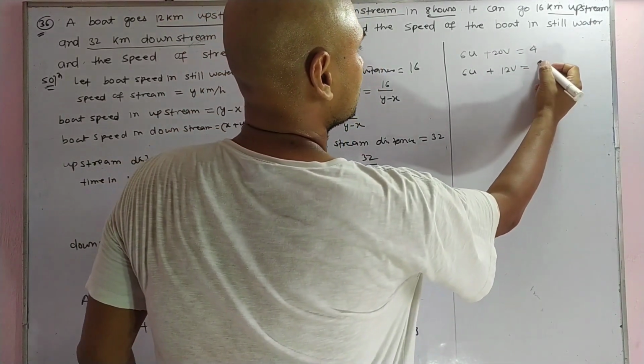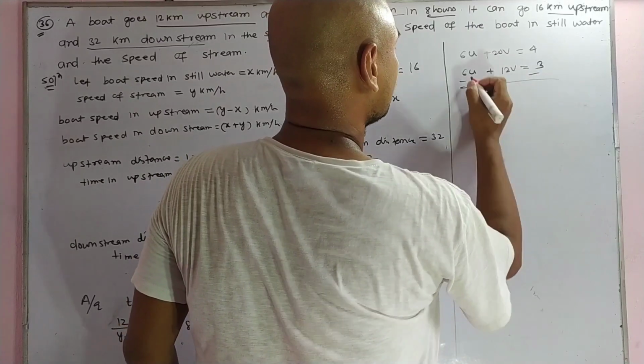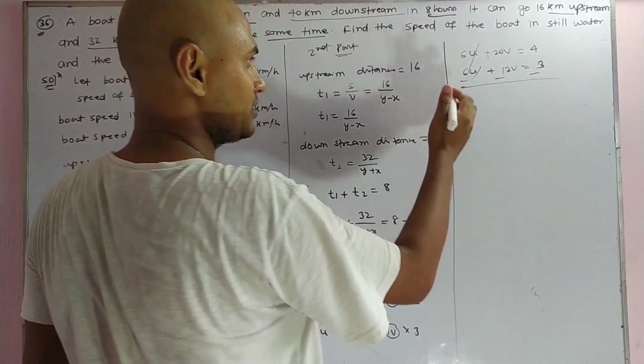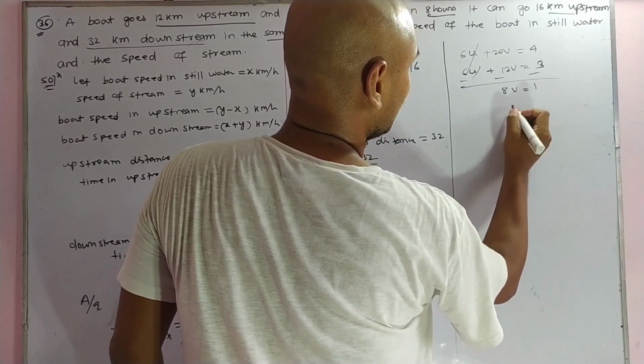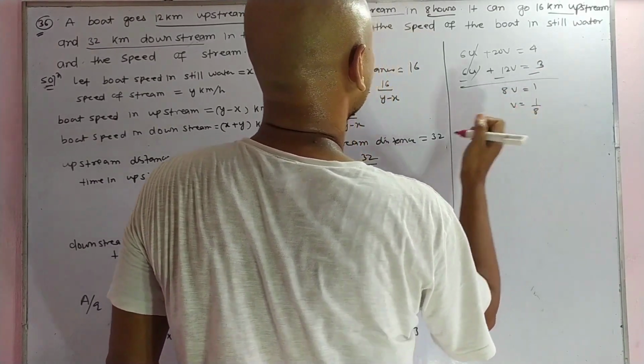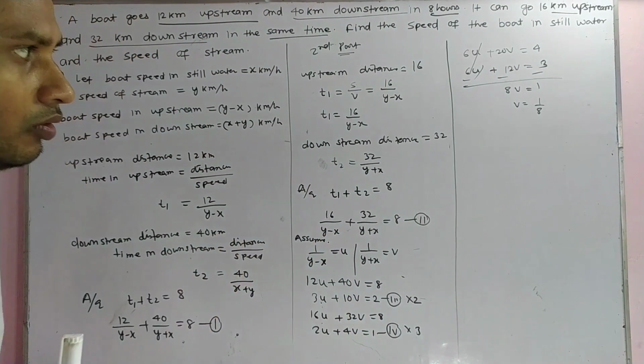Subtracting it, the u terms will cancel out, and you get 8v equal to 1, that is v equal to 1 upon 8.